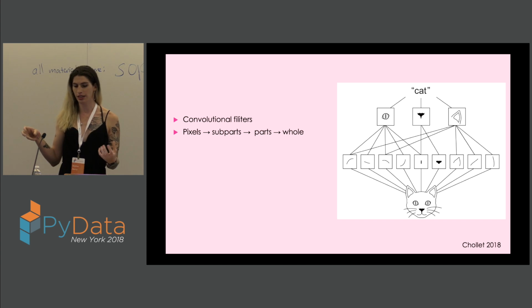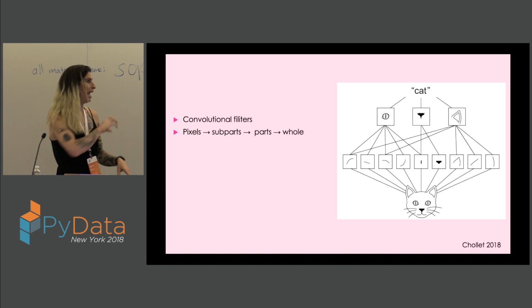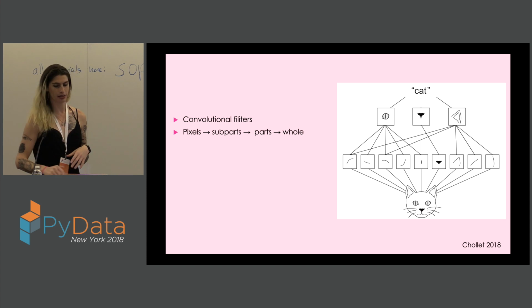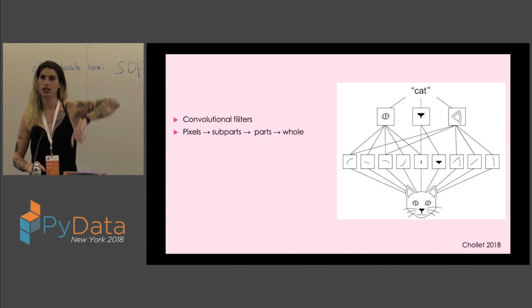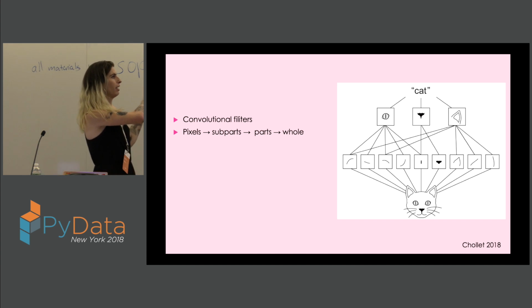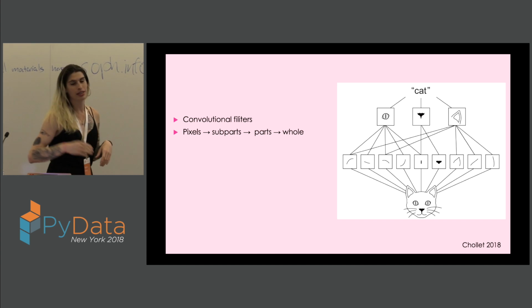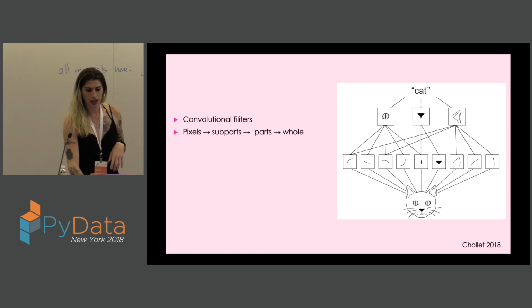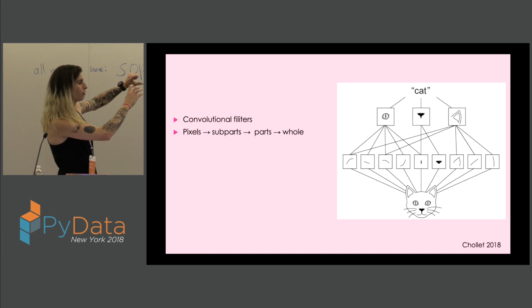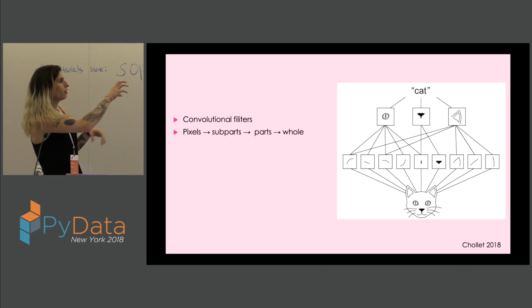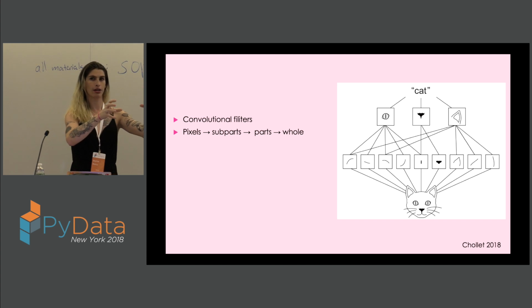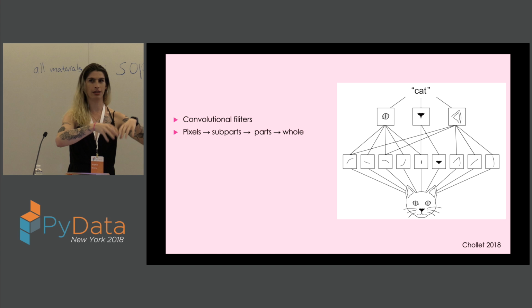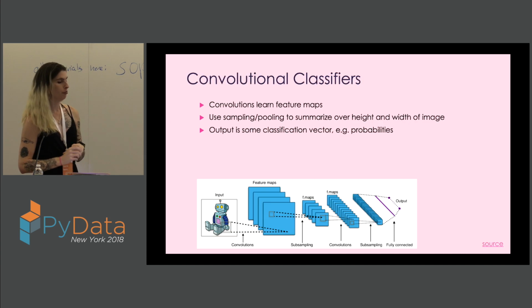What's happening is the network is passing these filters over it, and that first one is just like this weird curved edge. That filter will become active every time it sees a curved edge. And then we have that downward sloping edge. And then maybe this black triangle in the middle. All of those filters are essentially telling the network, this is where this feature is in the image.